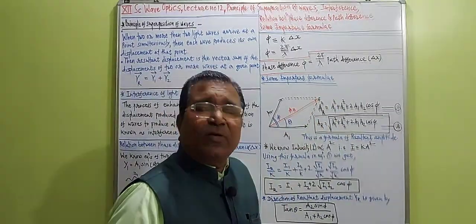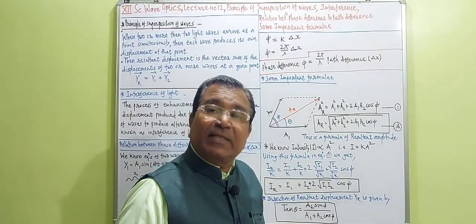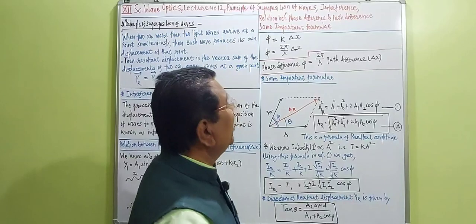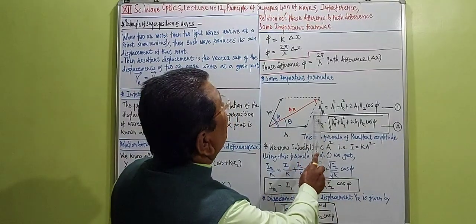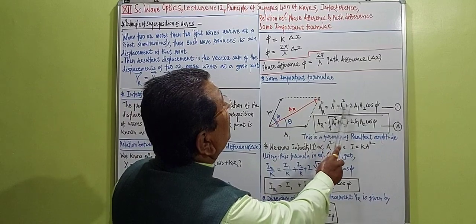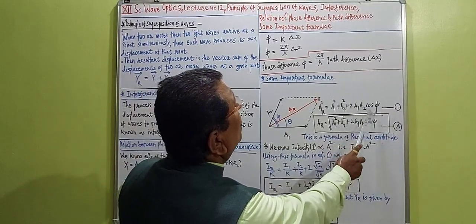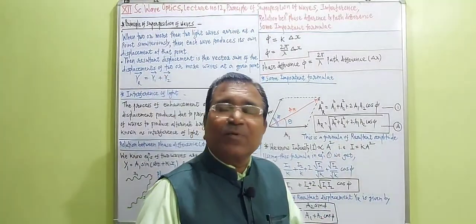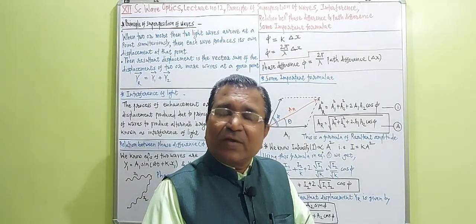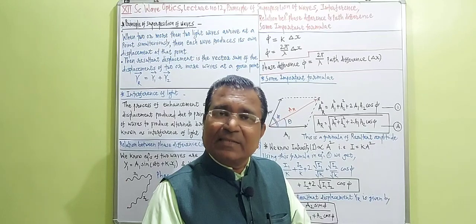As far as vector analysis is concerned, which you have learned in 11th standard, we can calculate this AR. We get the formula AR square is equal to A1 square plus A2 square plus 2 A1 A2 cos phi. Such an equation you have already learned in 11th standard while learning scalars and vectors.